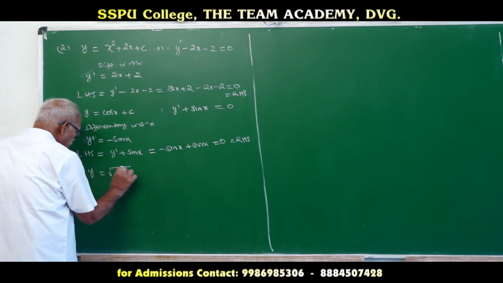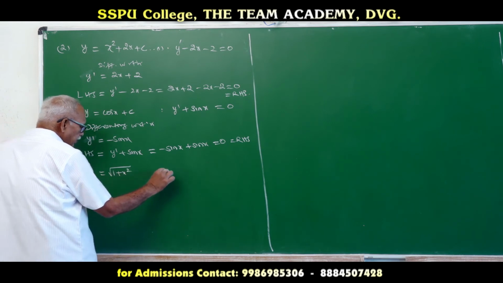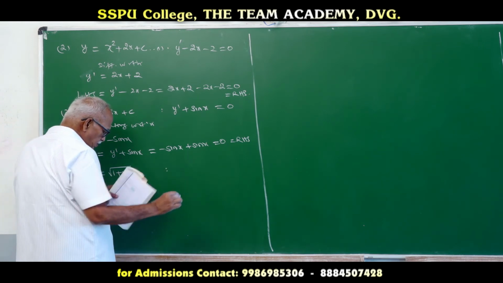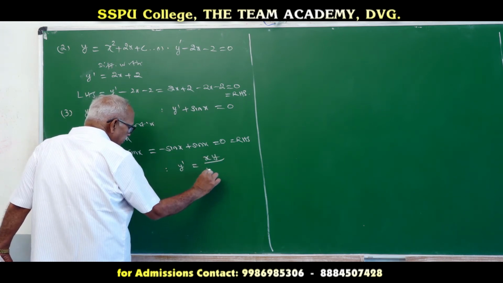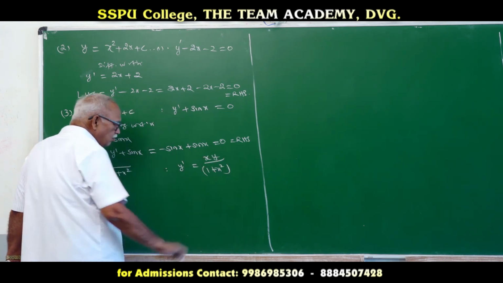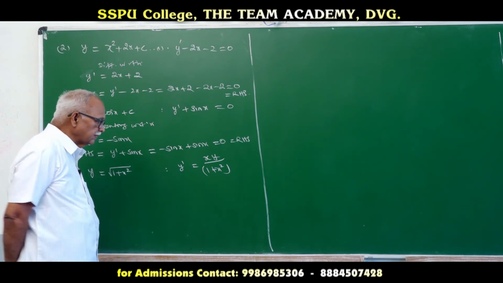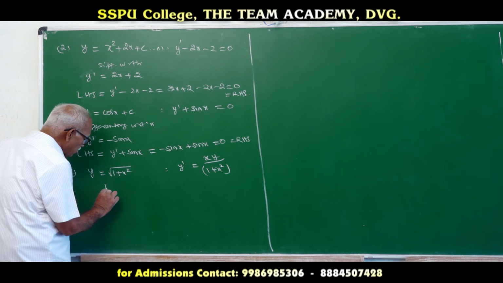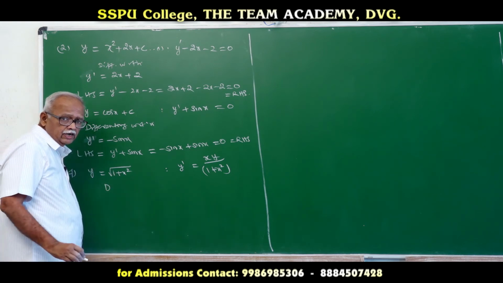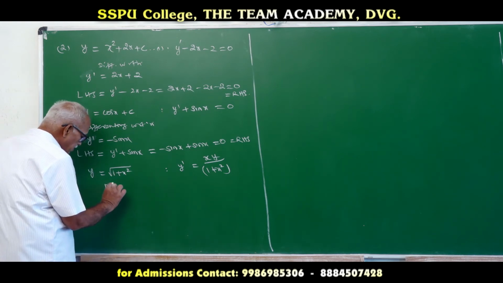Y is equal to square root of 1 plus x square. Y dash is equal to xy divided by 1 plus x square. Let us differentiate this. Y is equal to root of 1 plus x square. How will you differentiate this?